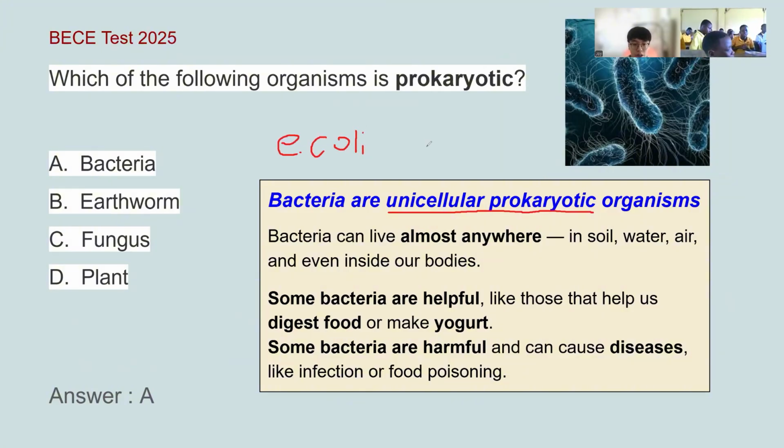They're called the E. coli bacteria that are in our digestive system, and it protects our intestines by killing other bacteria, preventing other bacteria from entering our body. So in that way, bacteria can be helpful to our body. They help us protect from foreign bacteria.